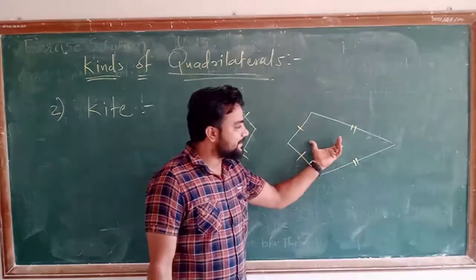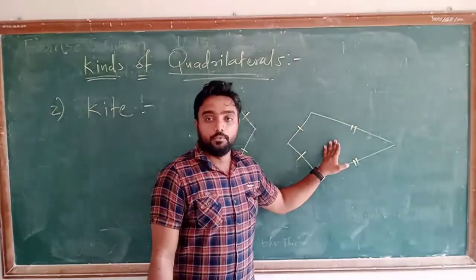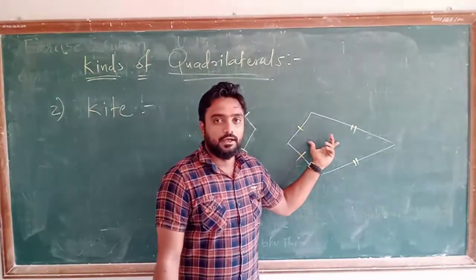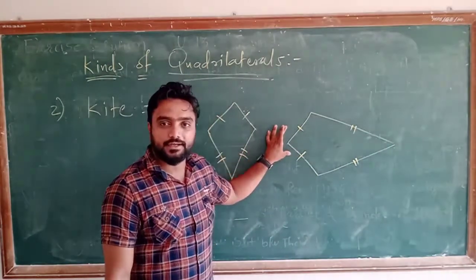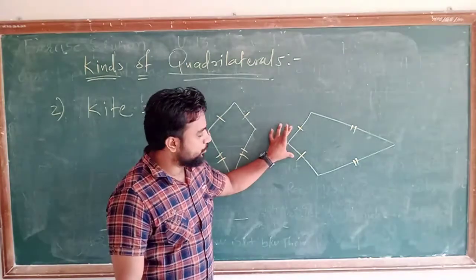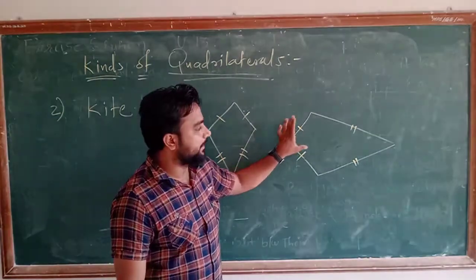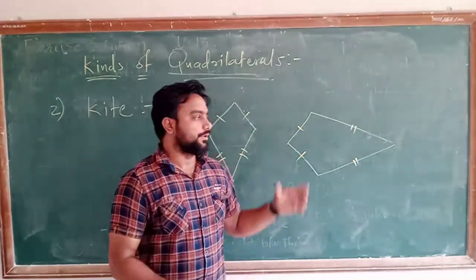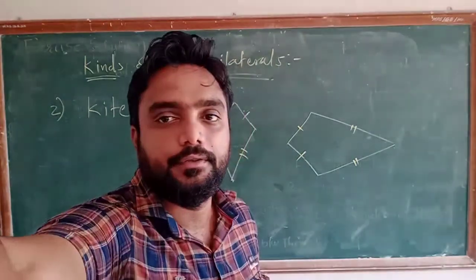That means this quadrilateral, a closed loop or polygon having four sides, if it fulfills these properties and conditions, that is, two of its adjacent sides, one pair of sides and another pair of adjacent sides, are equal in length, it is called a kite. Understand or not?